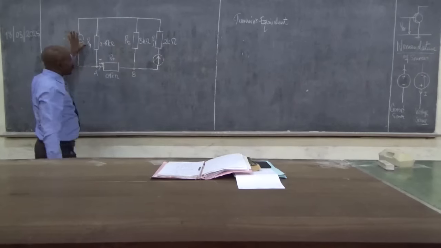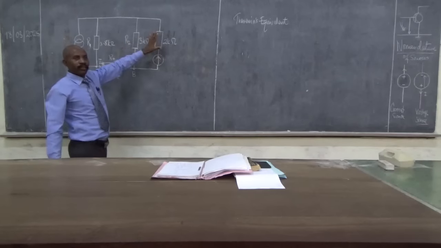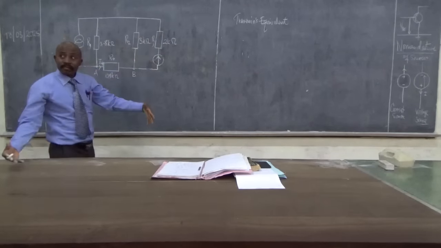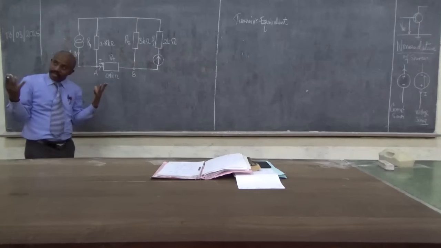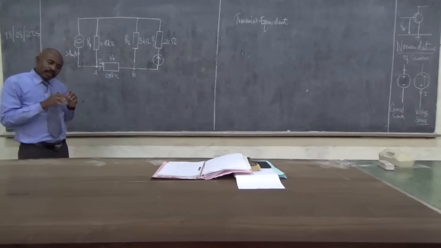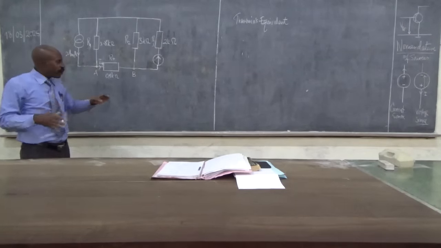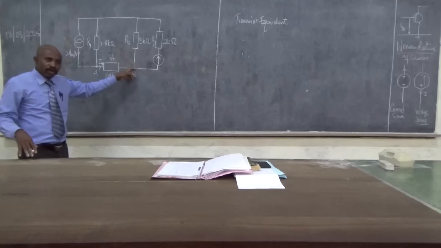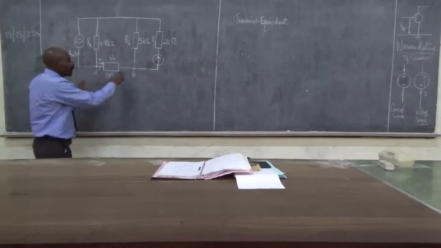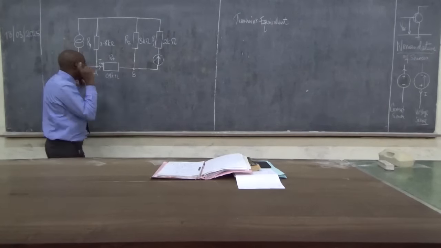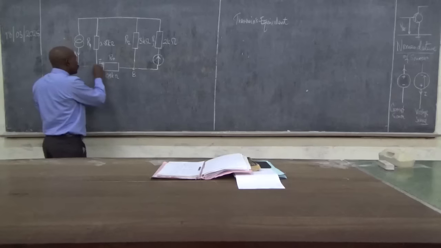These current source, voltage source, the resistances, we got them as our network. And then we say that in a network where we have a 2-terminal output, this is now our new 2-terminal output, A, B.